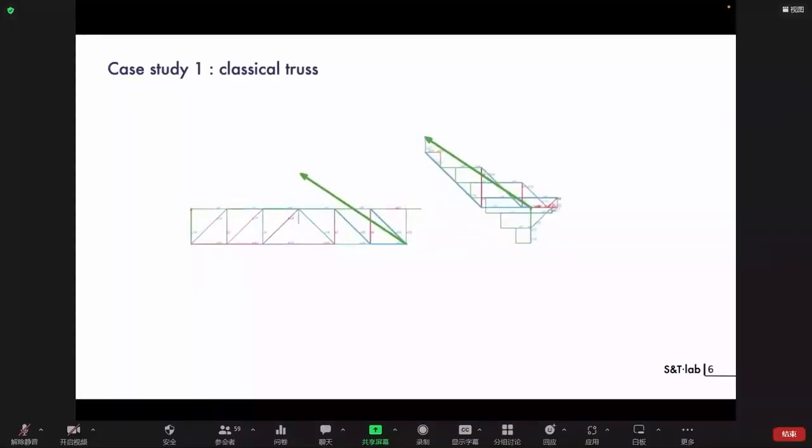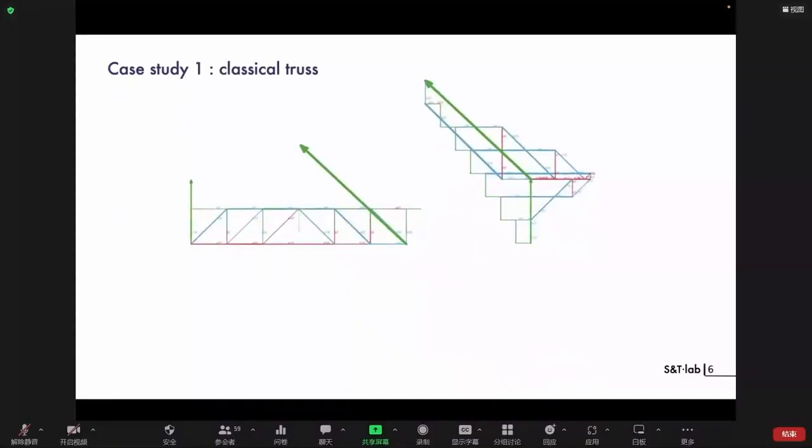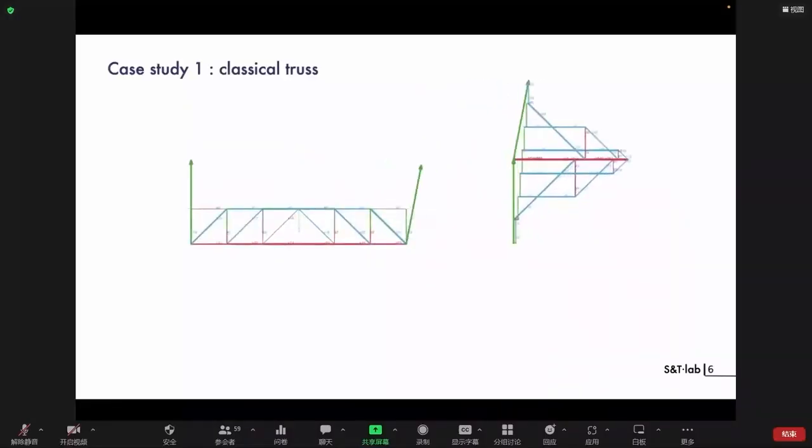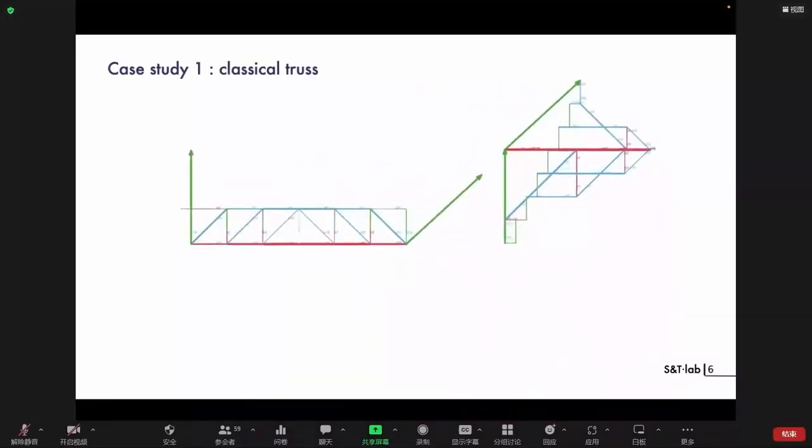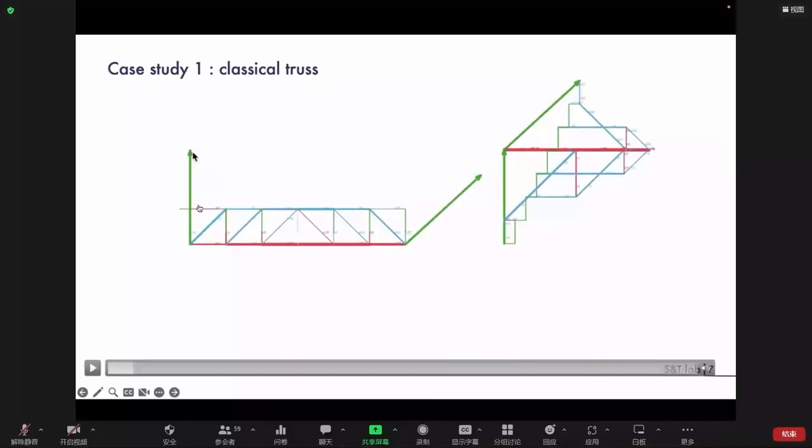You see all the consequences on the form diagram and on the force diagram at the same time, and that's very interesting, because you can design with more information from the force diagram. You can design the form diagram, or on the opposite, you can design the force diagram with the information of the form diagram. So it's quite interesting to have the two reciprocal diagrams moving at the same time.